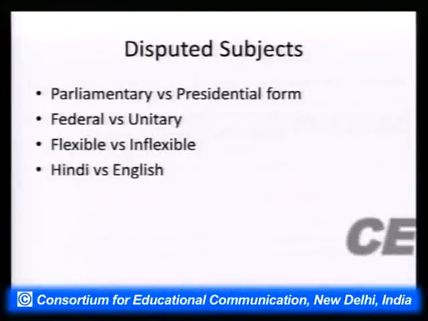As I told you, each and every subject was analyzed, but still some of the problems still exist, and those were the problems during the making of the constitution, where certain provisions are there. One is parliamentary form of government versus presidential form of government. Now let us understand the basic difference between the parliamentary form of government and the presidential form of government.